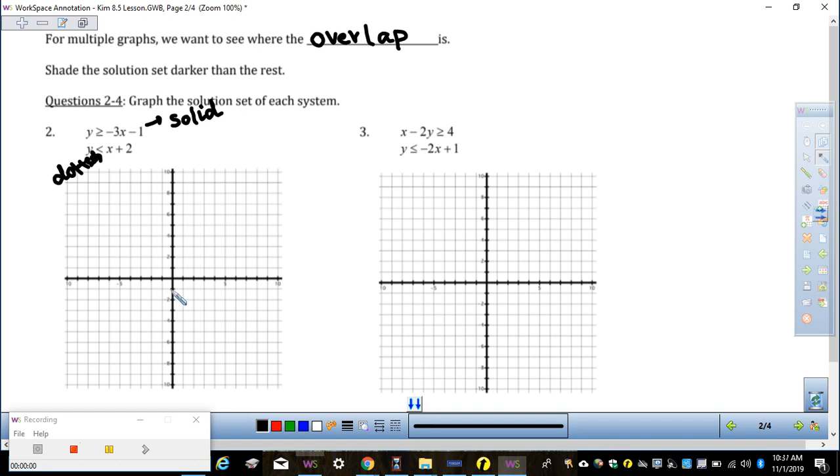I'm going to plot my y-intercept at -1, and this time I have a slope of -3. So I'm going to go up 3, left 1, and moving down 3, right 1. And I'm not going to mess with the line function, so please excuse my crooked line.